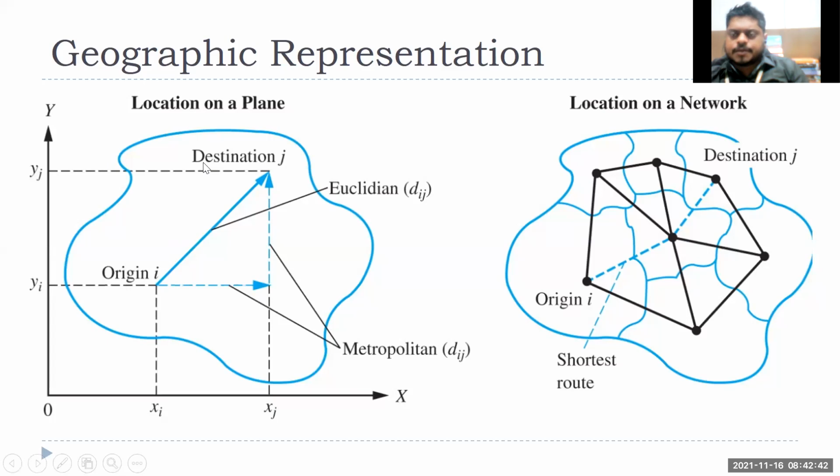But actually in a city or a metropolitan city, this is not a correct way to measure the distance. Think about it this way: your home, wherever you are situated right now, and the nearby shopping mall. If I ask you to measure the distance from your home to the nearby shopping mall, it is not that you are flying from that point to the other location.